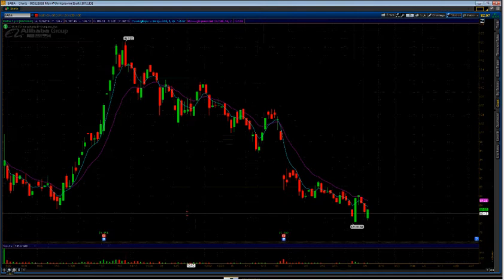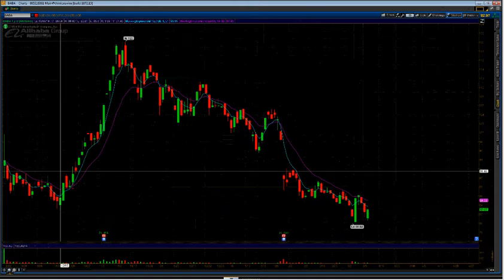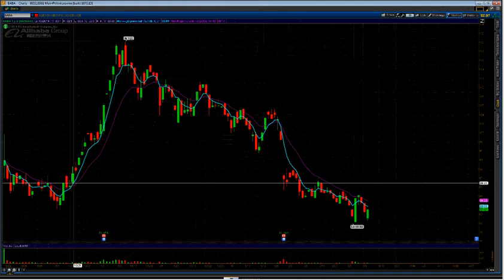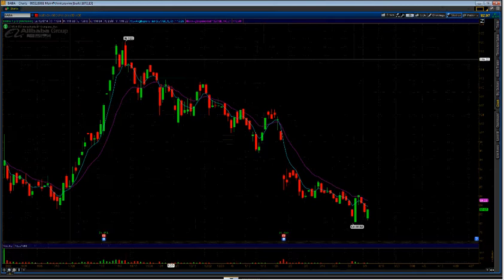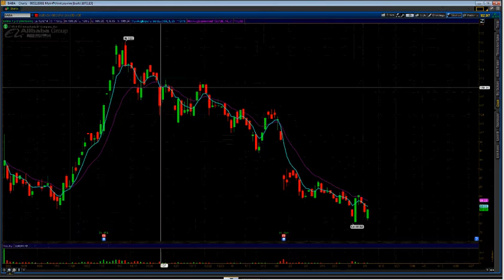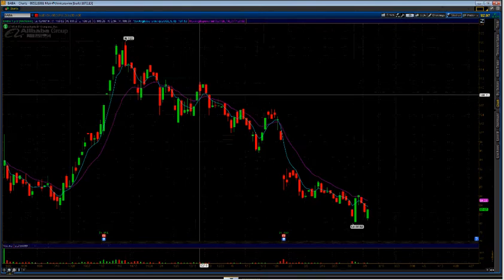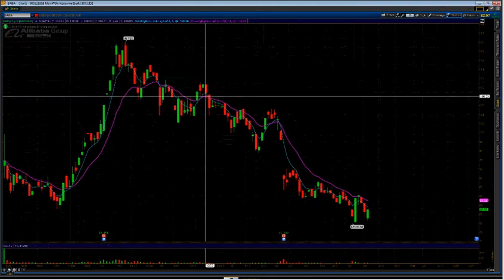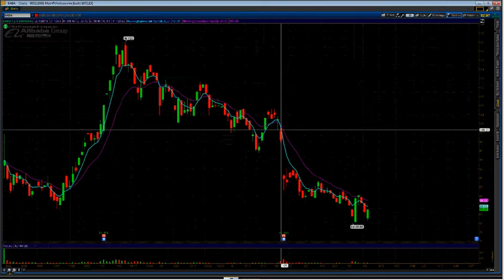So, though not perfect, Alibaba would have told you to buy here. It would have told you to sell here. It actually would have told you to buy here and sell just a couple days later for a loss. And here it would have given you a loser as well.